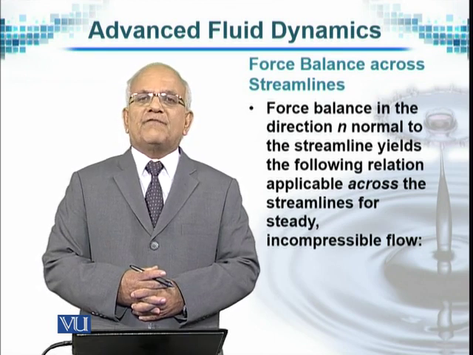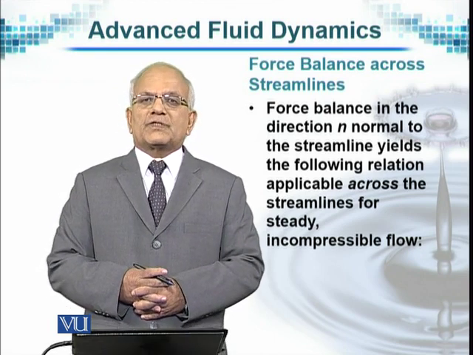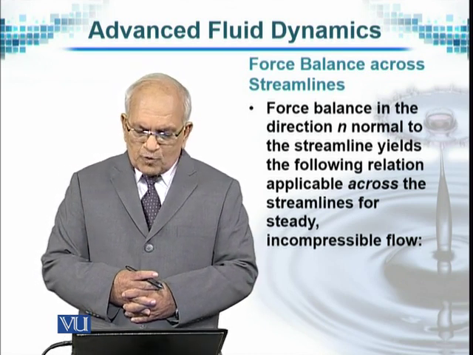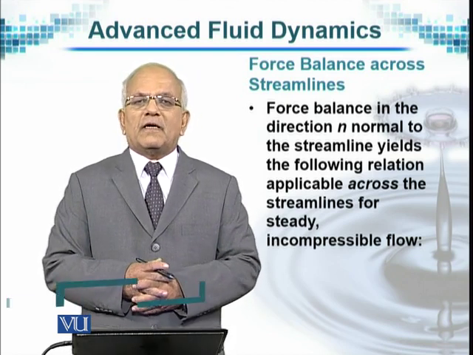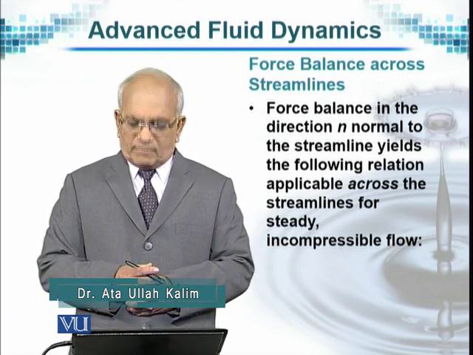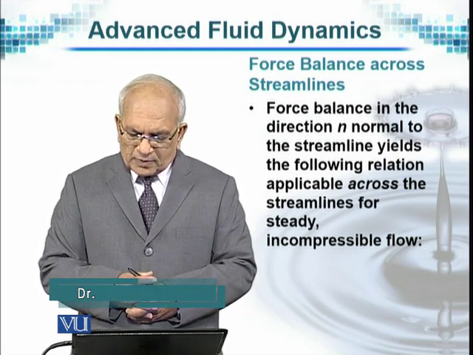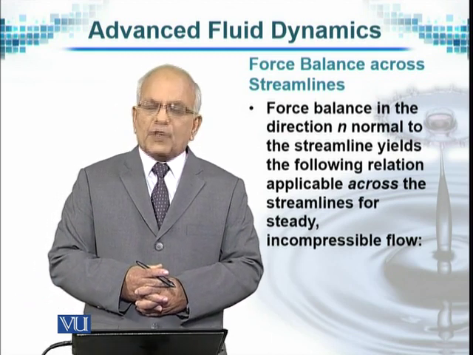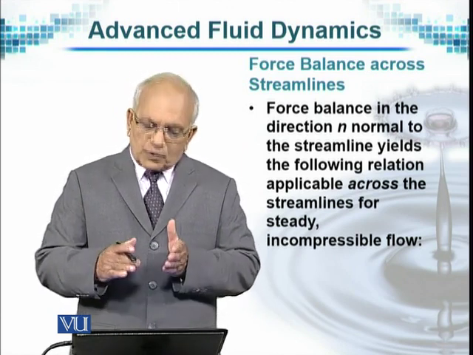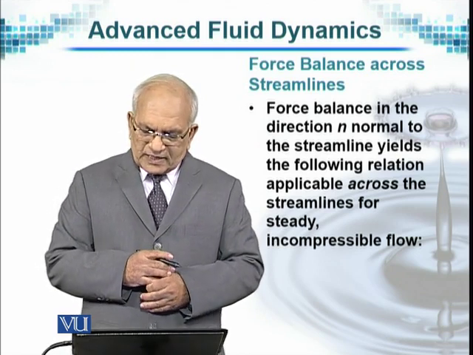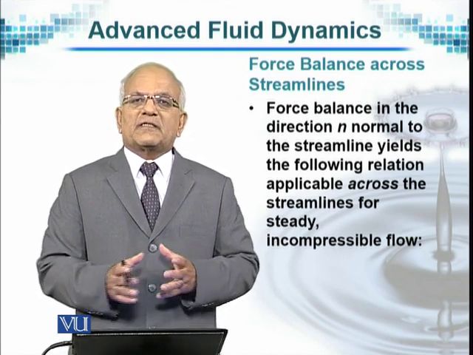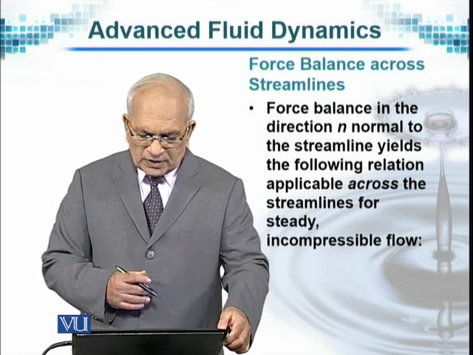But what happens if we have to consider the balance of forces in a direction that is normal to the streamline? तो आपको जैसे कि मालूम है कि नॉर्मली हम n से नॉर्मल वेक्टर को या नॉर्मल यूनिट वेक्टर को n से हम शो करते हैं. तो यहाँ पर इसलिए n is used for the normal direction. किसी भी स्ट्रीमलाइन इन ए फ्लूइड फ्लो को हम देखें और उसकी नॉर्मल डायरेक्शन में फोर्सेस की क्या कंडीशन है, तो उसके लिए फिर what changes does it make to the Bernoulli's equation.